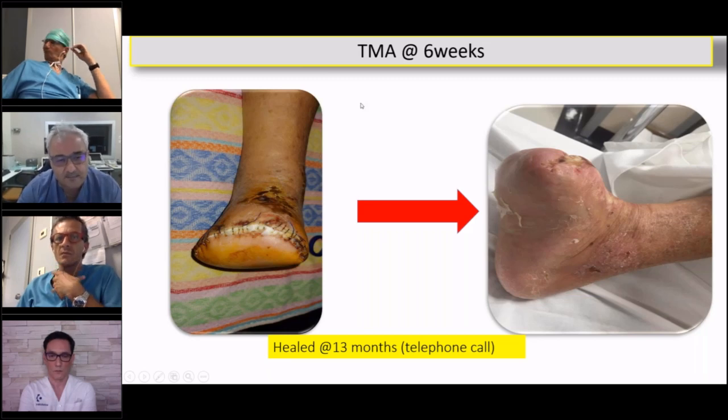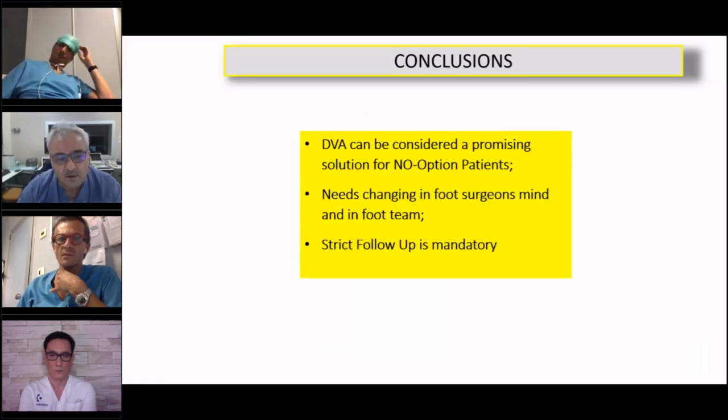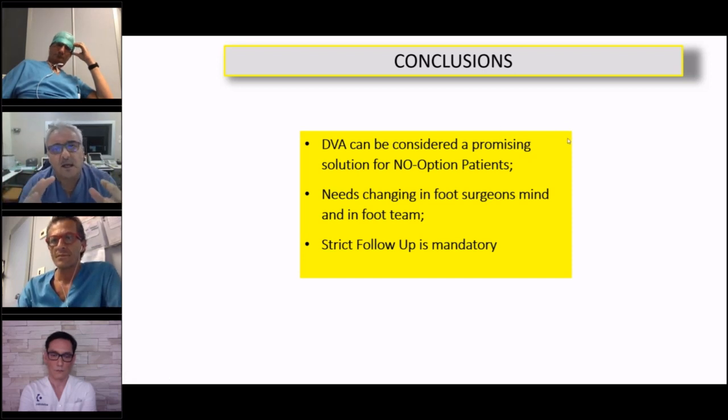So I will conclude now that actually with this technique, we have the impression that probably we may have one more chance for the no-option patient, those patients who are candidates for a major amputation sooner or later.